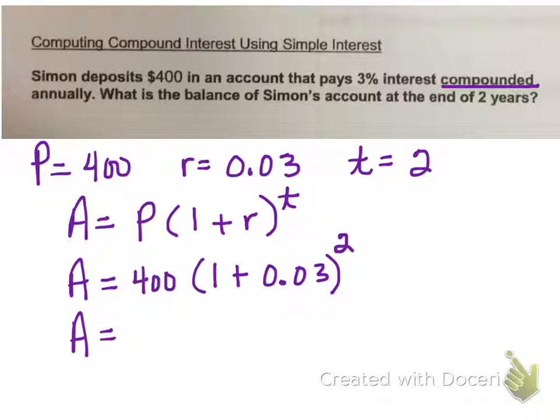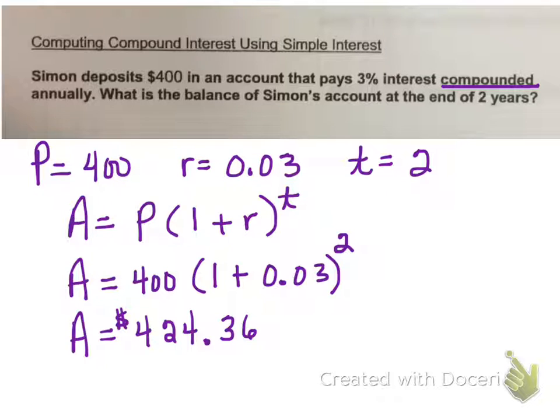Then you would do 1 plus 0.03, close parentheses, and then you can do your exponent button, or you have an x squared button because we square a lot of things. You could do either one. You could do that upside down V and then the 2, or you could hit your square button. It's the x squared button. It's below the upside down V. Hit enter, and that gives us $424.36, and we would put our money sign on that.